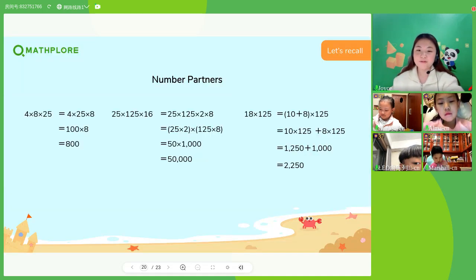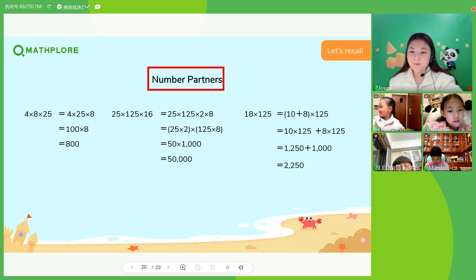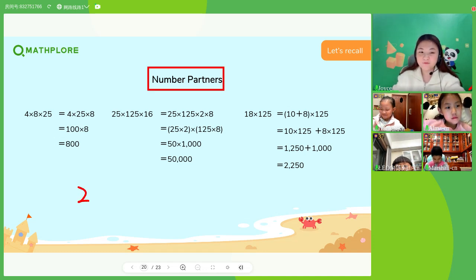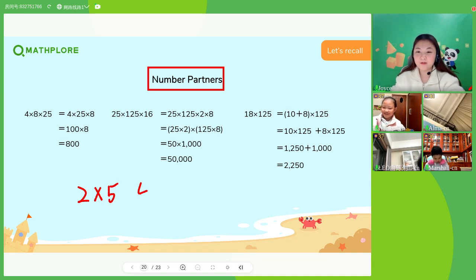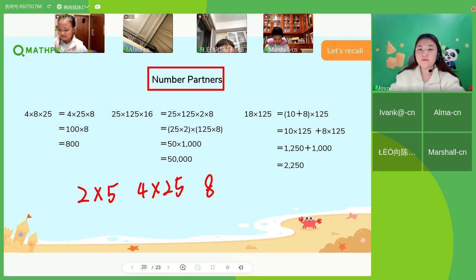Let's review them first. The first part is called number partners. Do you remember how many groups of number partners? 4. What is the number partner of 2? 5. What is the number partner of 4? 25. What is the number partner of 8? 125. Perfect, 125, right? Tell me the answer together, Marshall and Elma.